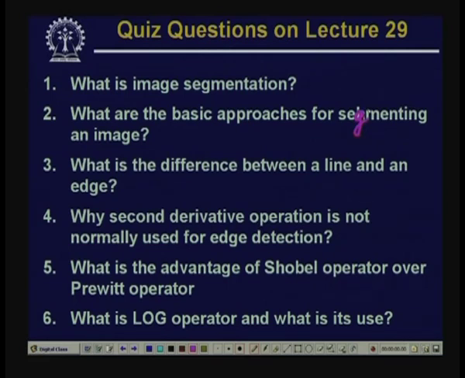Third question is, what is the difference between a line and an edge? Fourth question, why is second derivative operation not normally used for edge detection? Fifth question, what is the advantage of the Sobel operator over the Prewitt operator? And the last question, what is the LOG operator and what is its use?